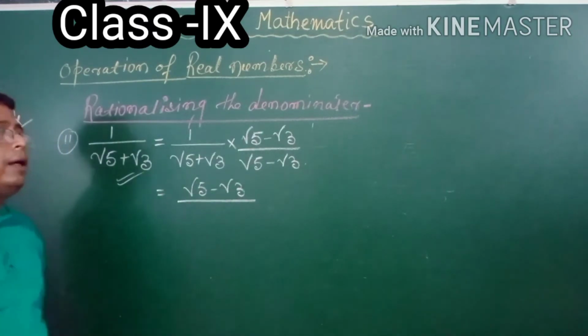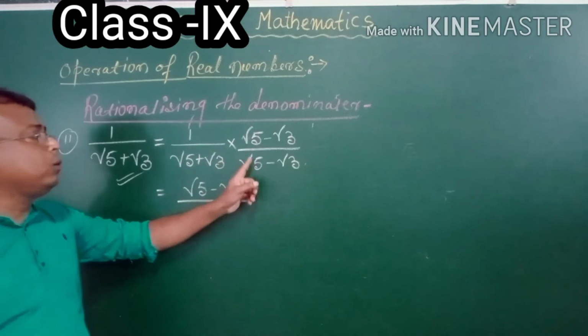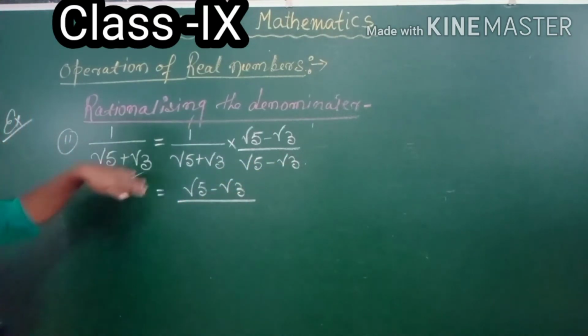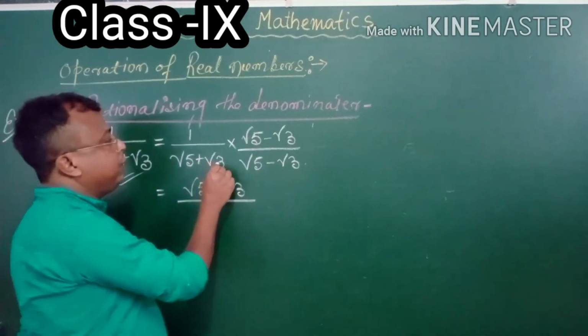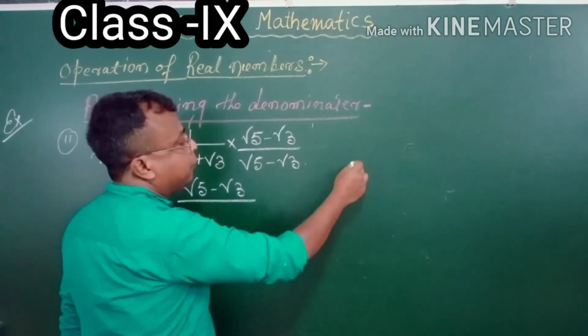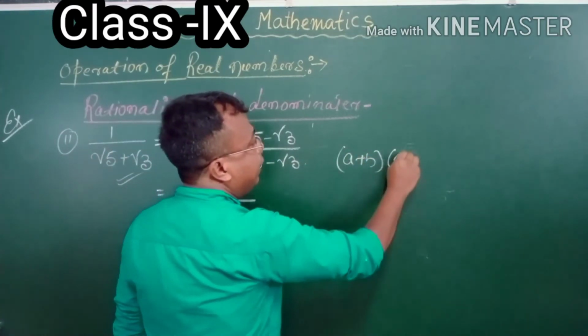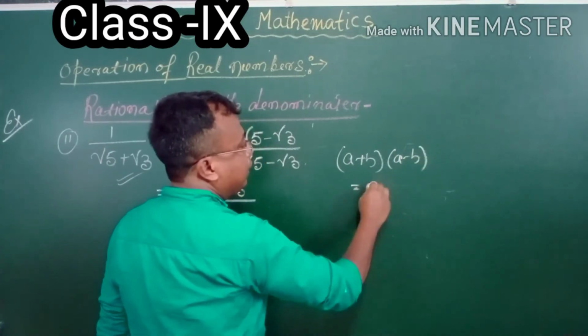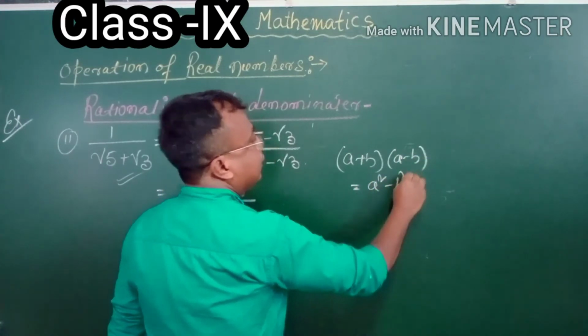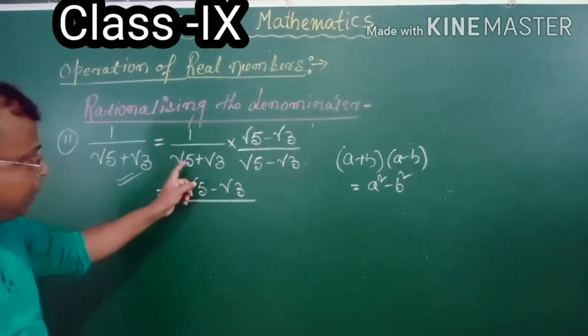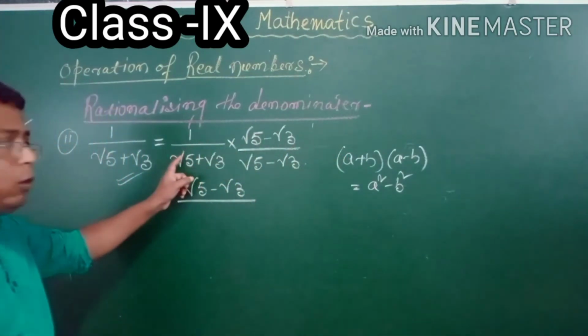Now here a plus b into a minus b. You see, a plus b into a minus b. One formula, do you remember? In algebra you have done a plus b into a minus b is equal to what? A square minus b square. Correct? So in place of a, what is there? Root 5 is there.